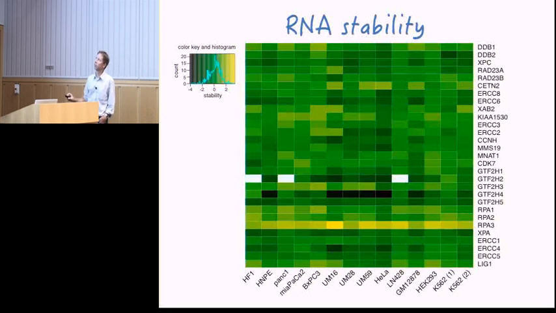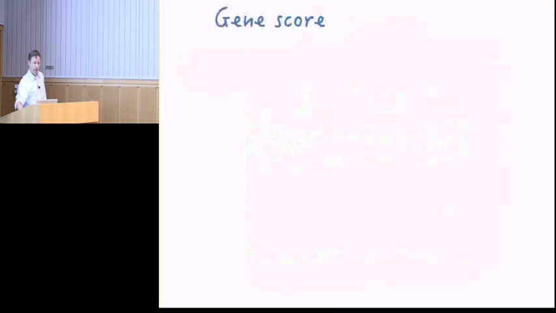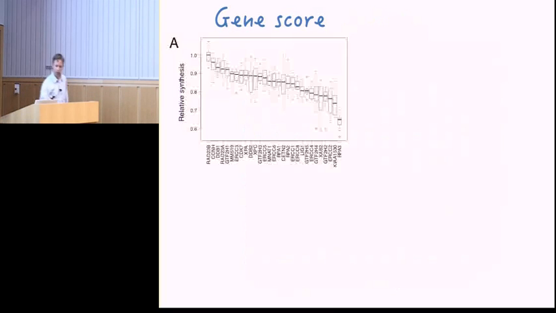So then we thought, is there a way for us to grab all the data across these different lines so we can get a gene score? When we do that, we look at the expression of these 29 different genes across the 13 cell lines to see which gene is the most synthesized among them.